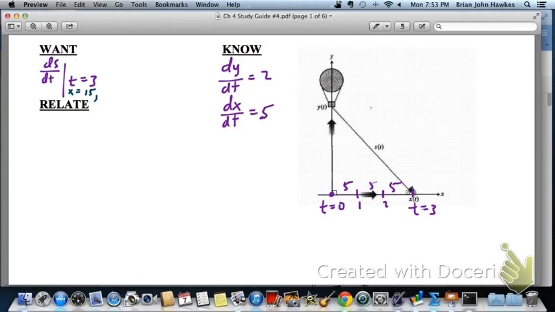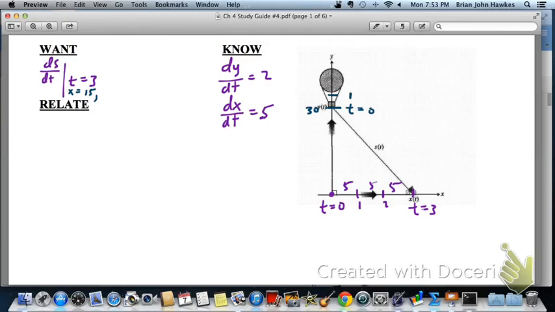Okay, and then remember at the beginning, when the bicyclist rode right underneath the balloon, it was 30 feet in the air. And so 3 seconds later, if the balloon is rising at a rate of 2 feet per second, then at the t equals 0 mark, the balloon is 30 feet in the air.